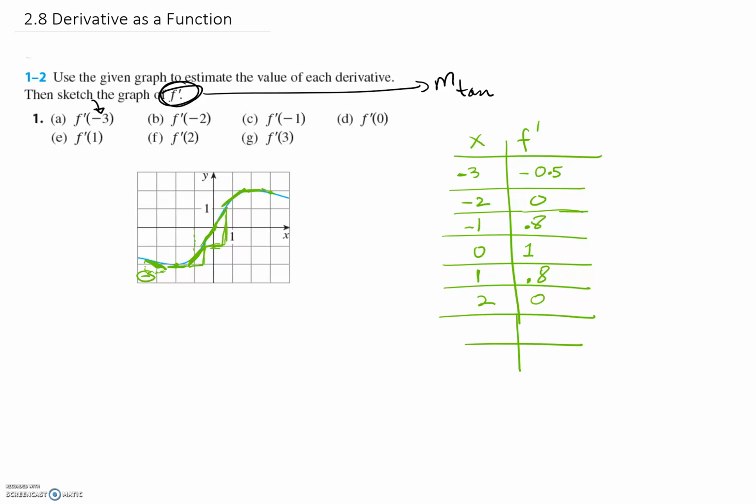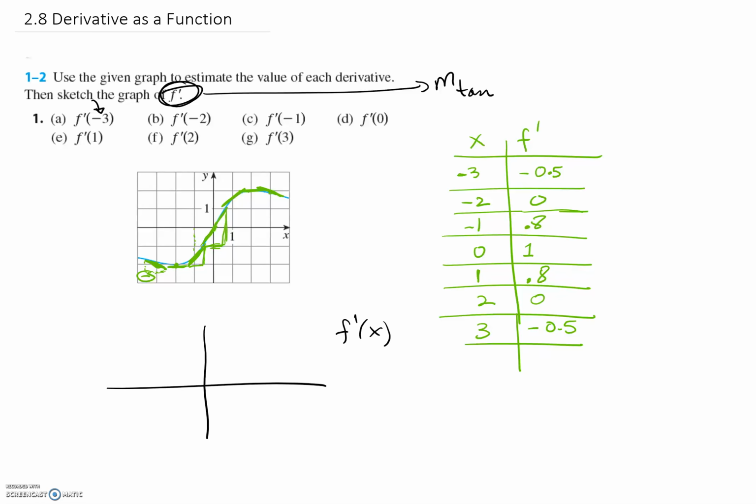Then we get to 3, and that's definitely a negative slope, and it looks like the same slant as this guy over here at -3. So I'll say maybe that's a -0.5 again. And with this little chart, I can go ahead and guess what the derivative function may look like.